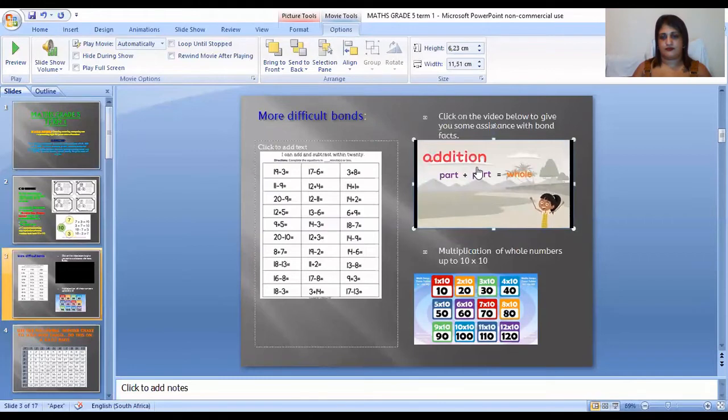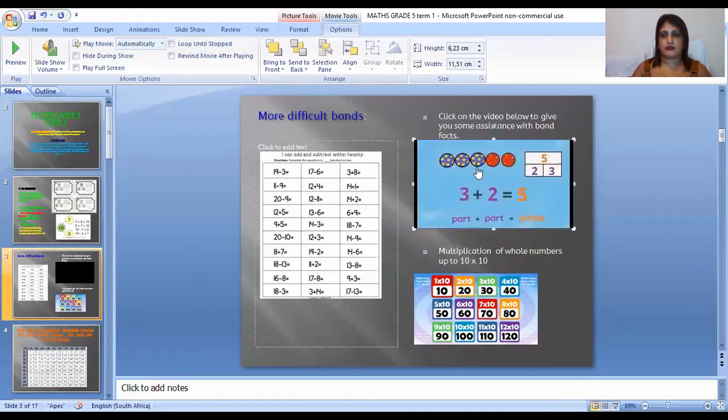So we know that part plus part equals the whole. We can also use this part-part-whole model to represent subtraction. If our whole is 5 and we take away the part 3, we are left with the other part, 2. 5 take away 3 equals 2. The whole take away one part equals the other part. Let's try the turnaround.